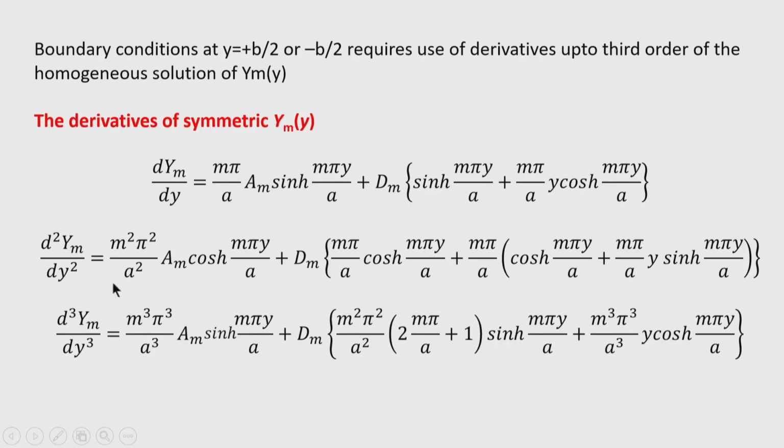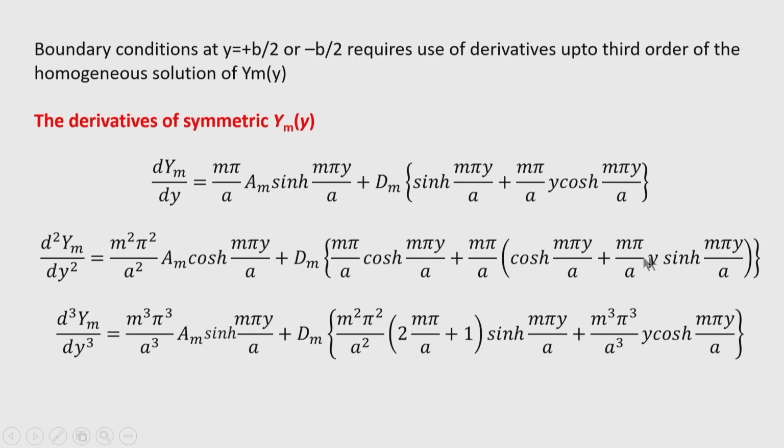Then if I differentiate further up to the third order, here you can see that I differentiated this, so m cube pi cube by a cube is coming, and m pi by a has already come out inside the cos hyperbolic function, and then cos hyperbolic is transformed to sin hyperbolic m pi y by a, plus d m.